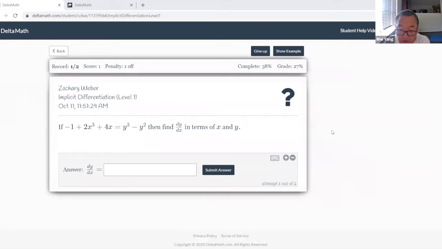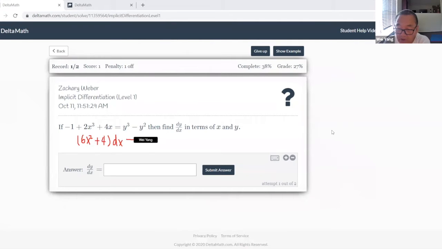Then 2x to the power 3, the derivative is 6x squared. This is a polynomial function, right? Then plus 4x, the derivative is 4. Then you need to multiply by dx. This is the left side.